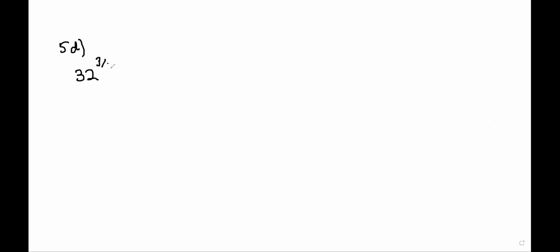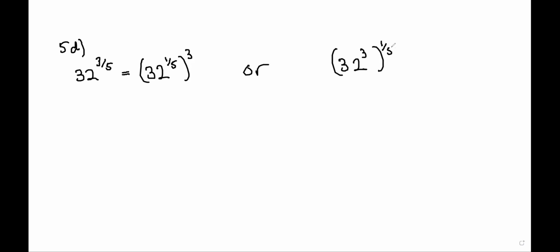32 to the power of 3 over 5. Now this can be rewritten as 32 to the power of 1 over 5 and to the power of 3, or 32 to the power of 3 and then 1 over 5. Why was that? Let me remind you of this exponent law.